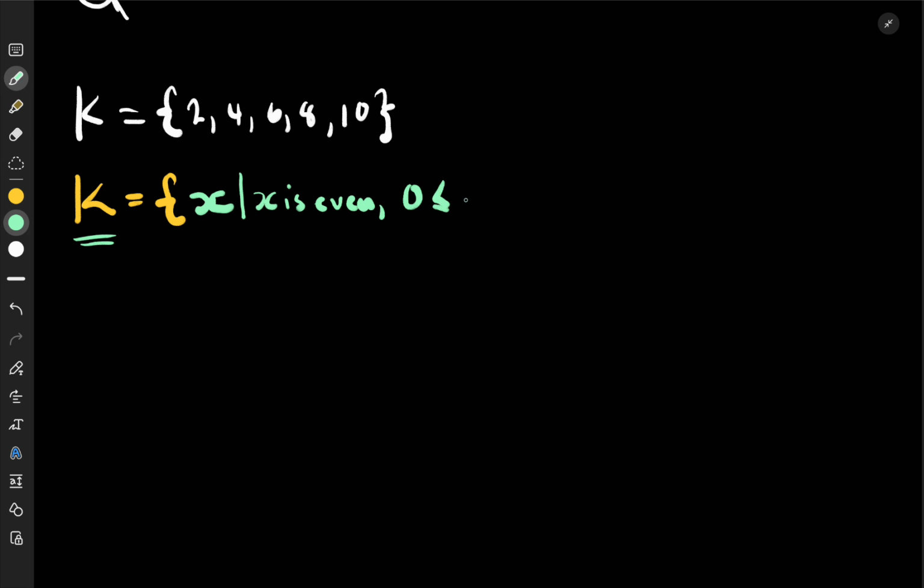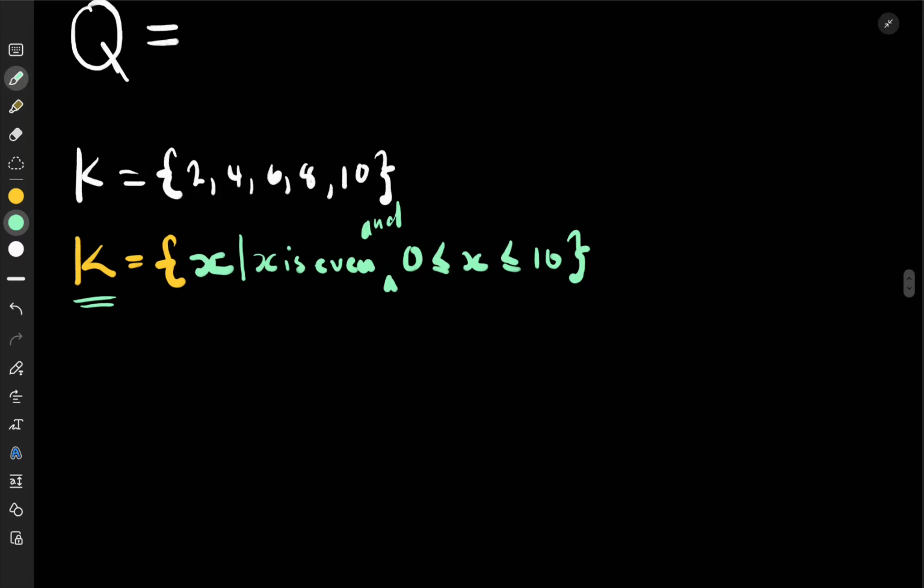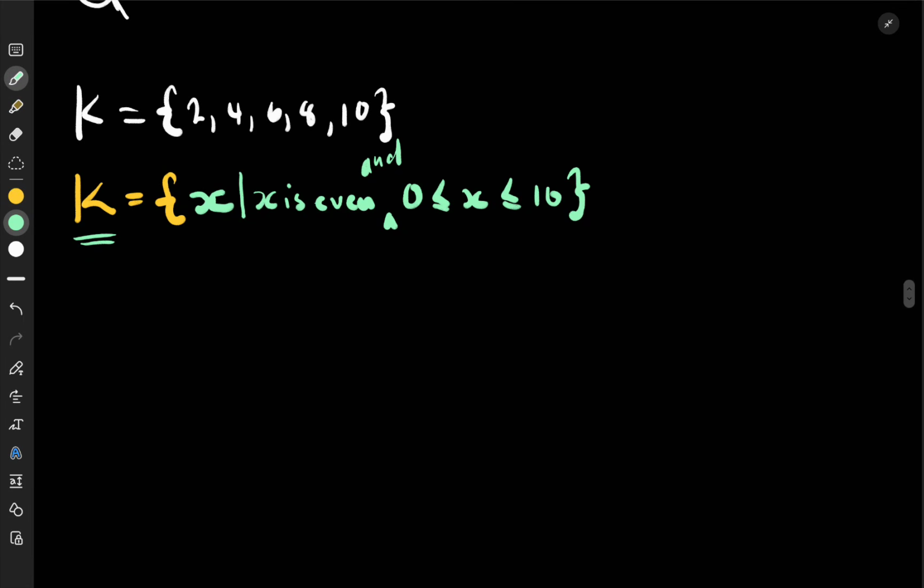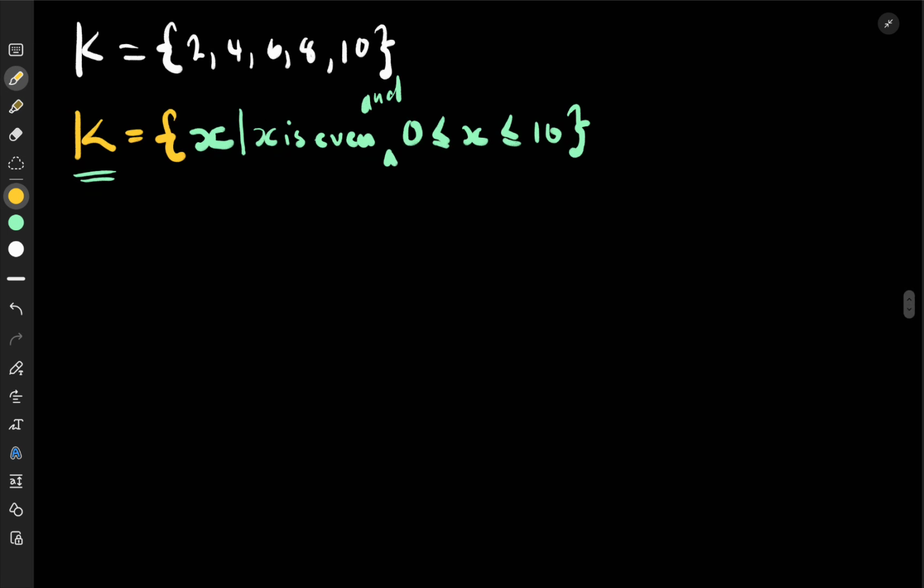So I'll say 0 is less than or equal to X, which is less than or equal to 10. Then I can close my braces like that. I like to use the word and, though, instead of a comma. So and, it is between 0 and 10. Now, writing it like this may not be enough because we want only the even whole numbers. So how do we limit it to only take whole numbers?